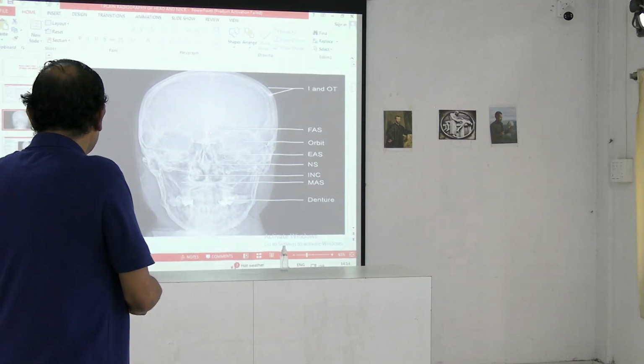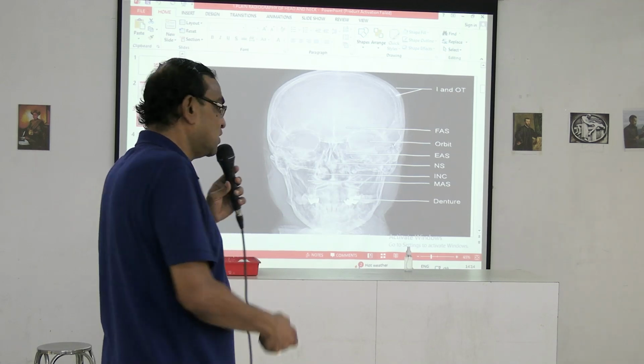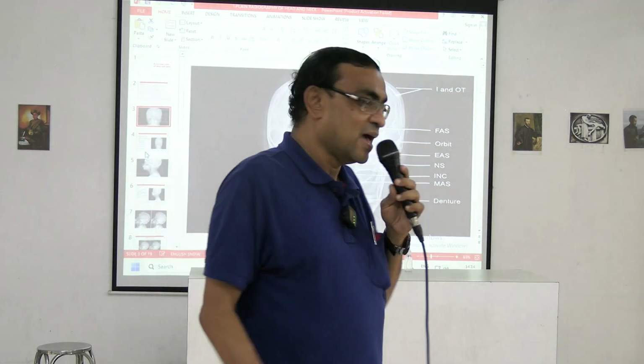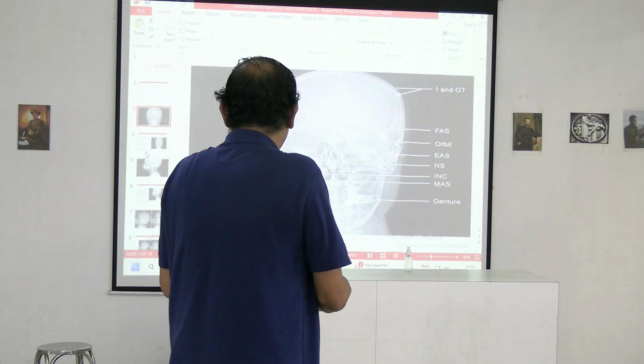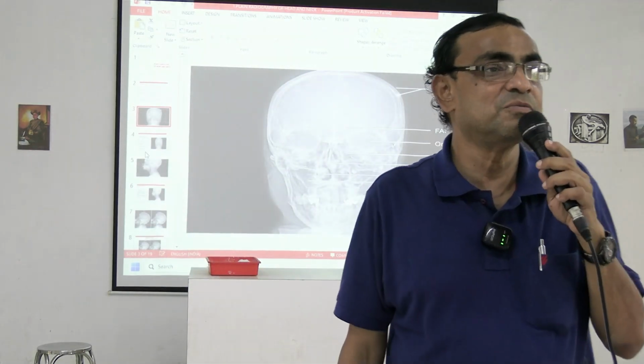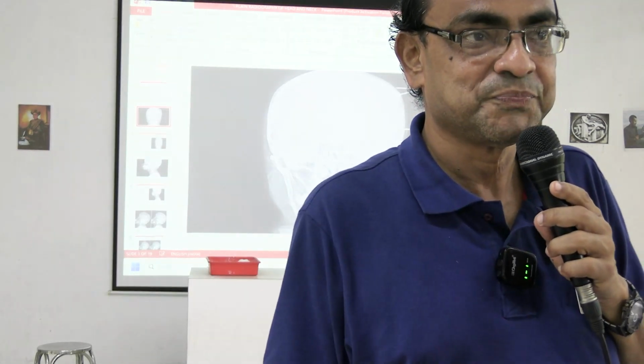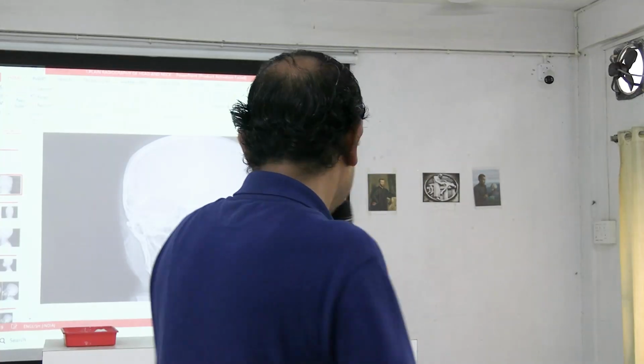And here we can get the impression of the sagittal suture also sometimes. And in between the frontal bones we can get the metopic suture. Metopic suture, sagittal suture we can expect.